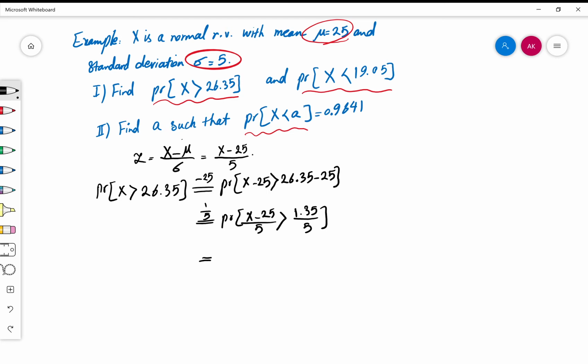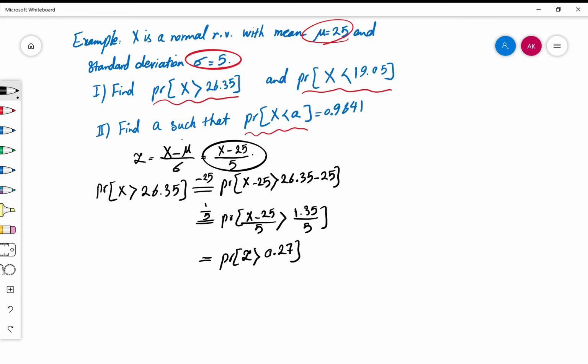Now you see that x minus 25 over 5, as we had before, is z, and this is going to be probability of z bigger than 1.35 over 5, which is 0.27.